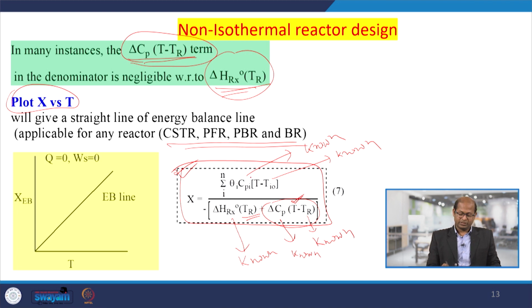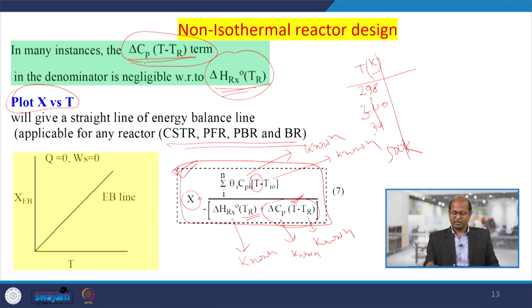Then on the right hand side only T is there, and on the left hand side X is there. So, if we change the temperature, say from 298 Kelvin to 300, 350, 400 and so on, then the X value will also change accordingly.